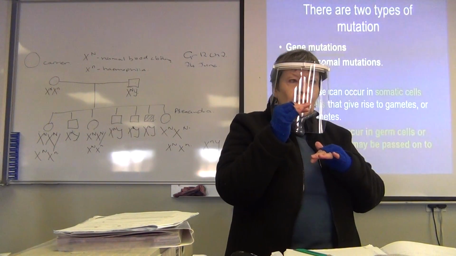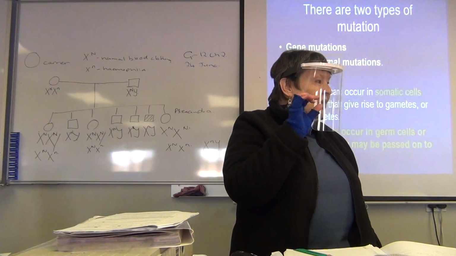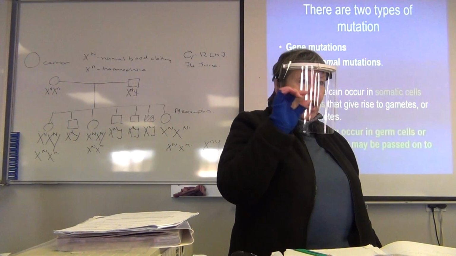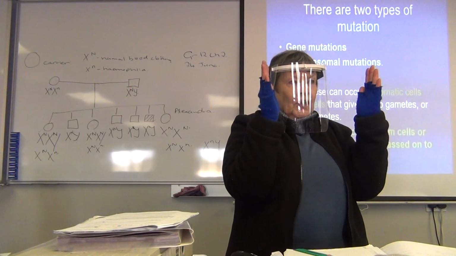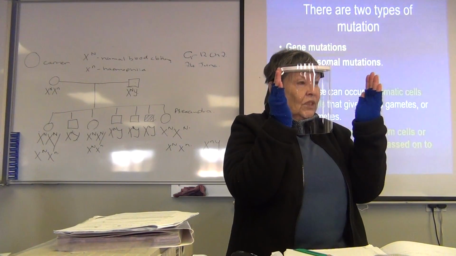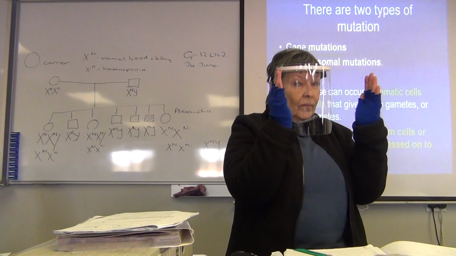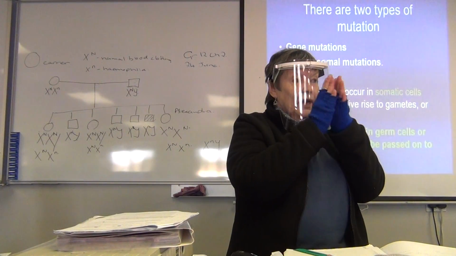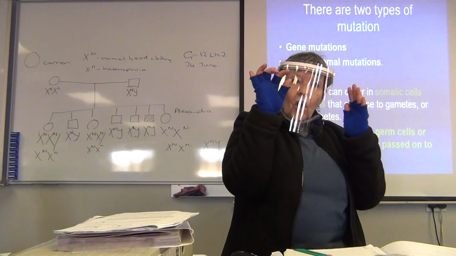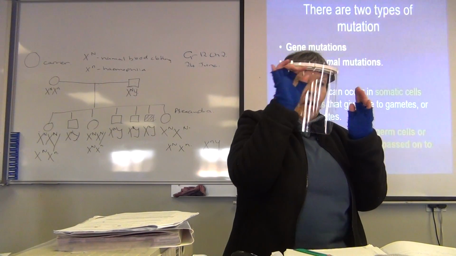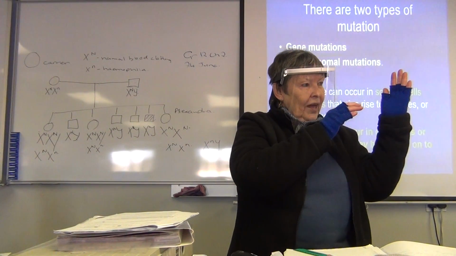But a chromosomal mutation can also be a little smaller. For example, when two homologous chromosomes separate from each other in metaphase 1, anaphase 1, it's possible for a piece of a chromosome to stick onto the chromosome that's going the other way.